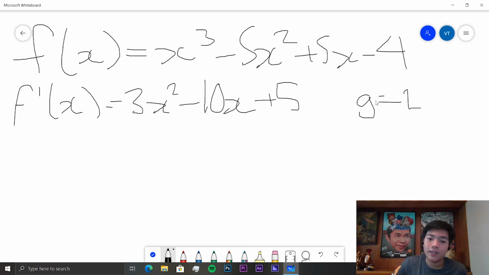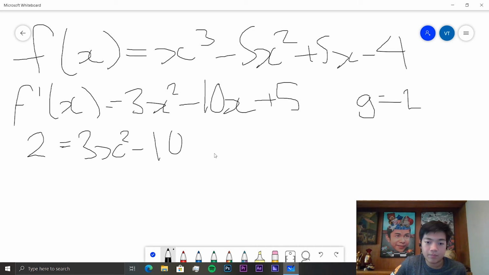So we need to find all cases where the gradient is 2, so we can simply substitute 2 into here and see what x pops out. So we have 2 is equal to 3x squared minus 10x plus 5.